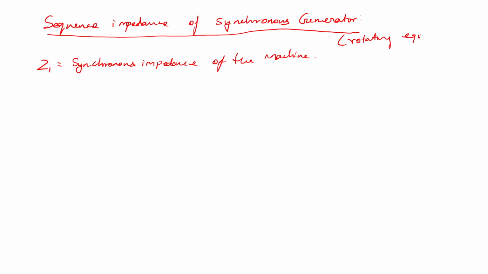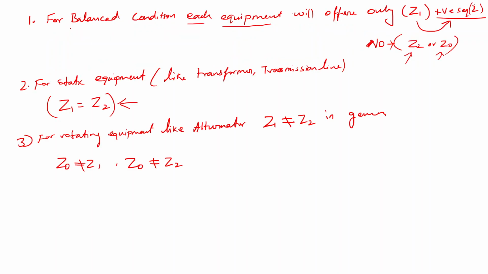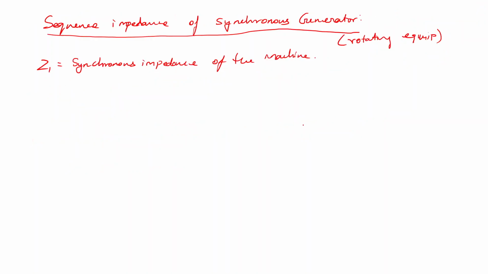If it is a rotating equipment, as per our understanding in the previous slide, I will not get Z1 equal to Z2. Both are different. Z1 is not equal to Z2.